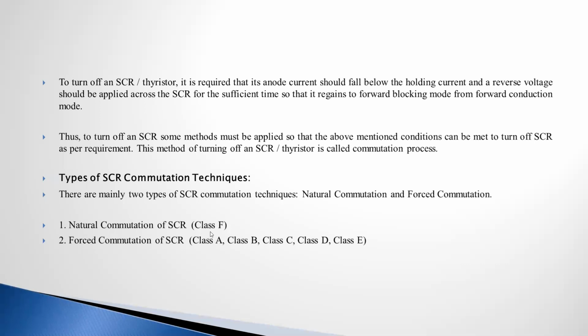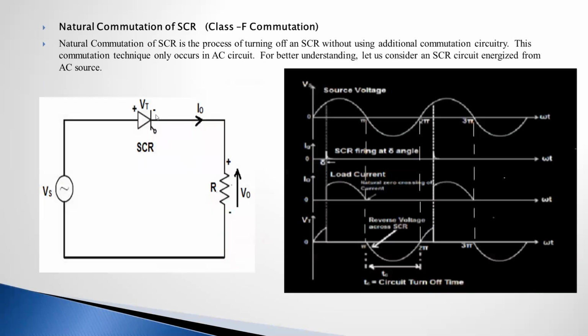It is clear. Natural commutation is nothing but, once the thyristor is turned on, after some time automatically it will be turned off without using any external devices or any extra circuit. The thyristor is automatically turned off during the negative half cycle.